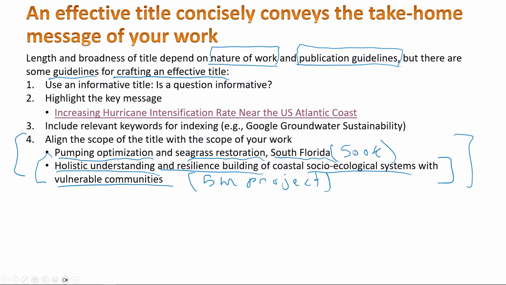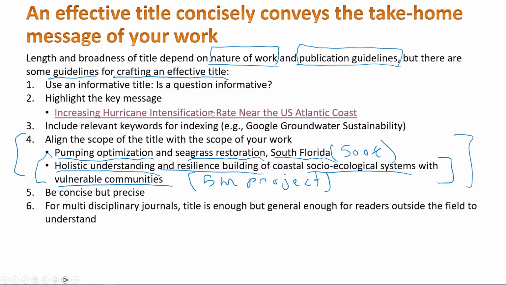Okay, let's look at more. Be concise but precise. The more concise your title is the better, but you also need to be very precise. By very precise, I mean don't overestimate what you are doing. Here we are not actually overestimating what we are doing.